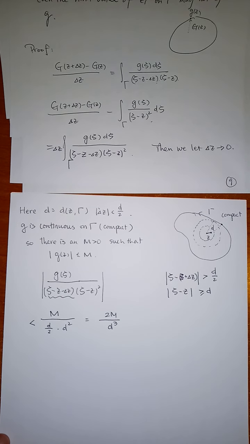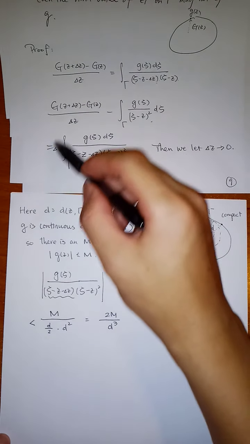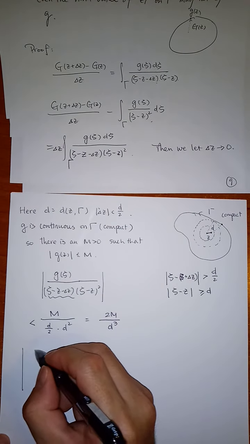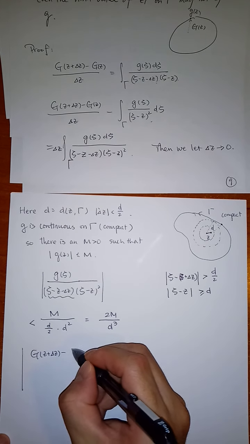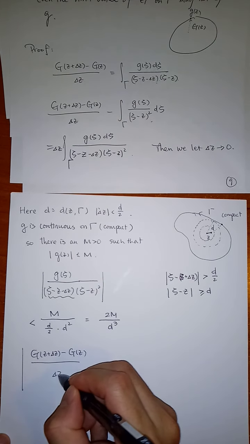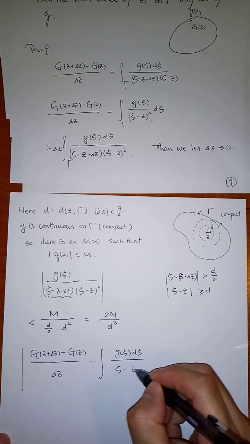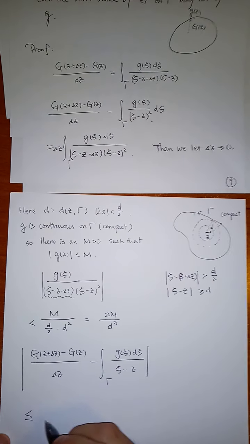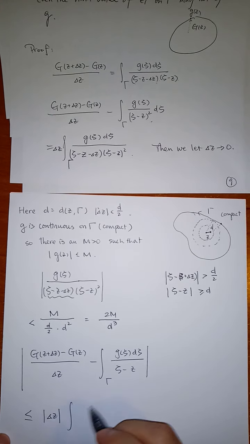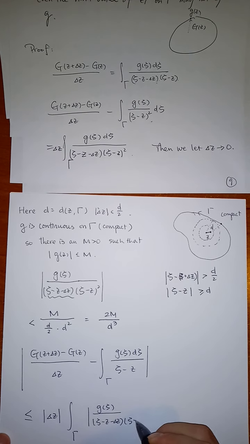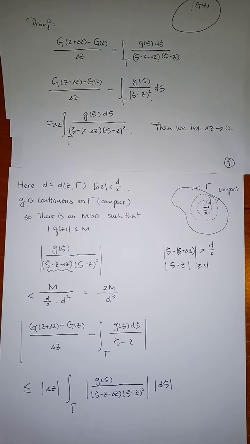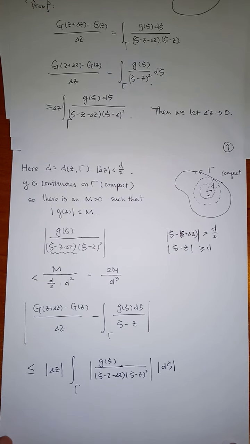Okay, and then what do we have? We have this part. The whole thing, I'll put in absolute value: (G(z plus delta z) minus G(z)) over delta z minus the integral of g(psi) d psi over (psi minus z) squared along gamma is less than or equal to the absolute value of delta z times the integral over gamma of g(psi) over (psi minus z minus delta z) and (psi minus z) squared d psi.